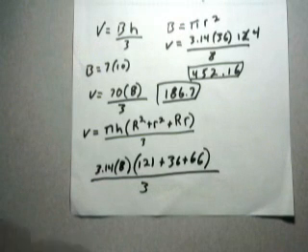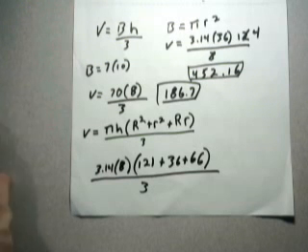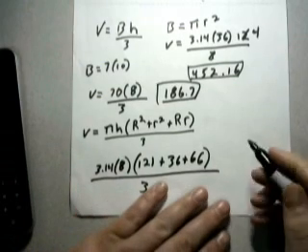So 3.14 times 8 times 121 plus 36 plus 66, and then divide by 3.